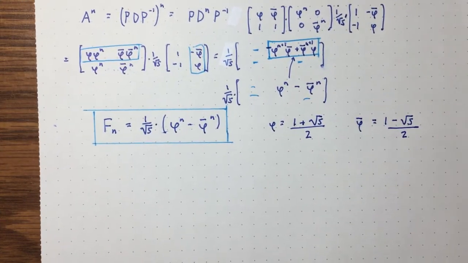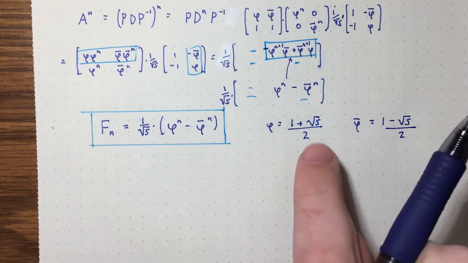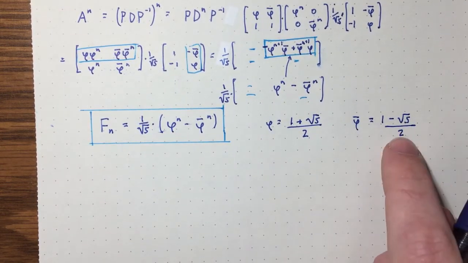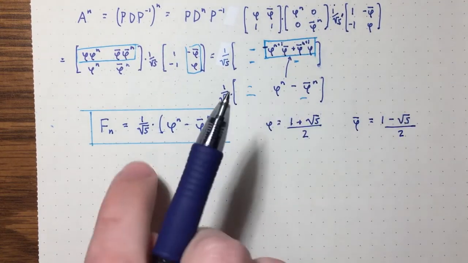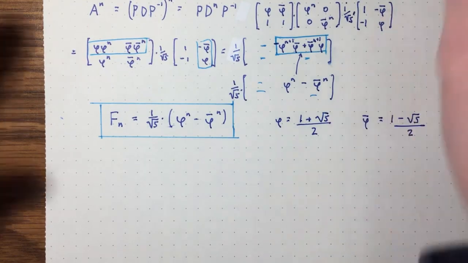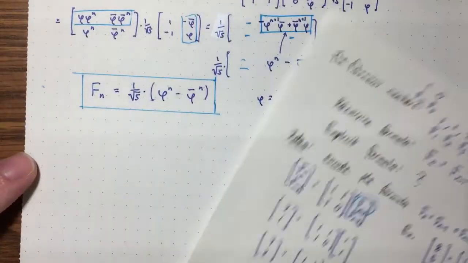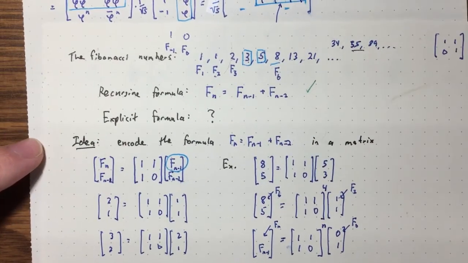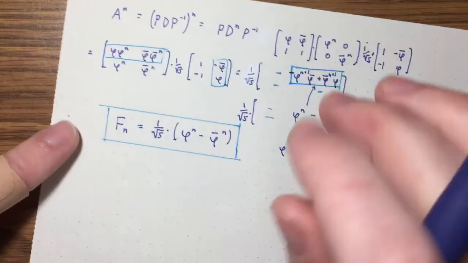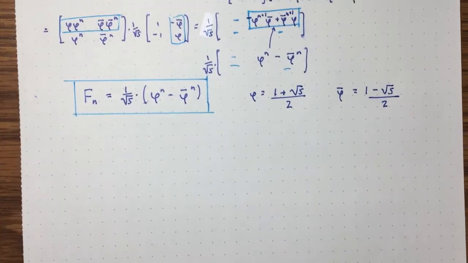So if we want the nth Fibonacci number, we take that number to the nth power, that number to the nth power, subtract them, then divide by the square root of 5, and somehow we get an integer, right? We get a Fibonacci number. All these square roots of 5 are going to cancel somehow and leave us with an integer. That's the really beautiful thing about this. Somehow everything works out right in the end.